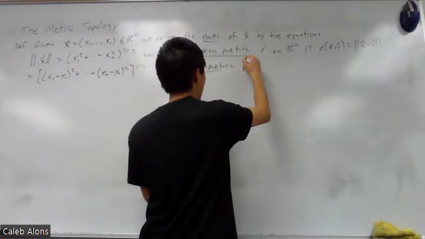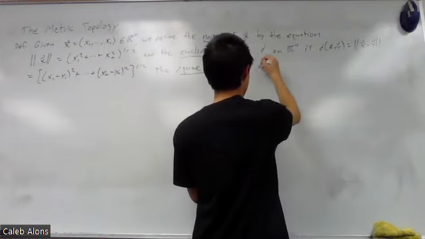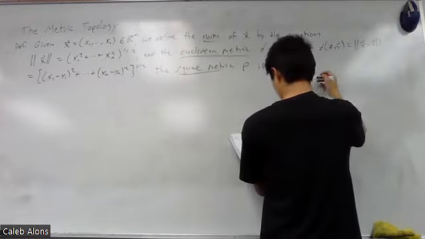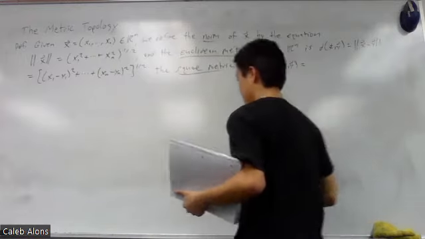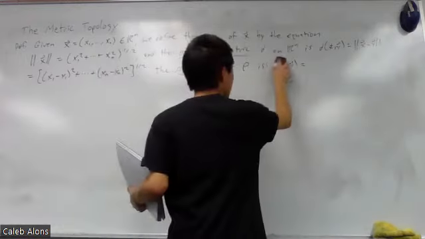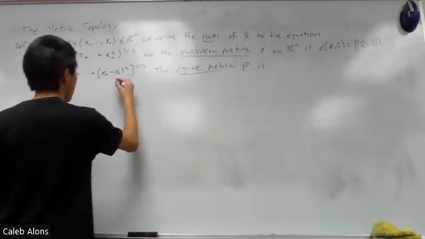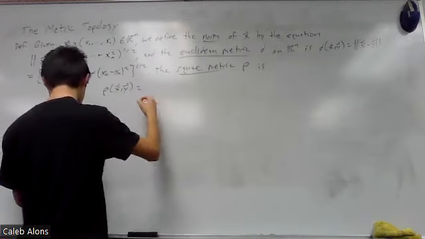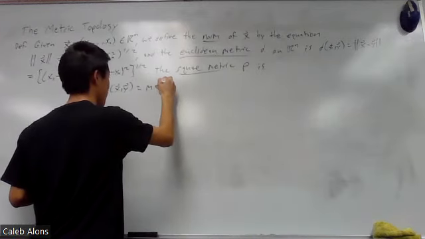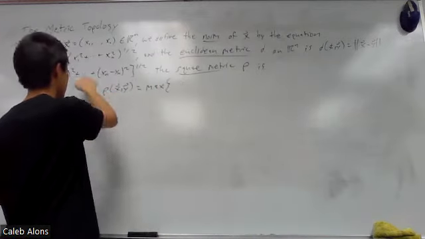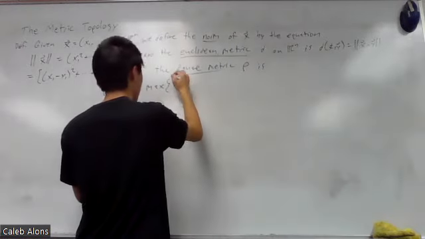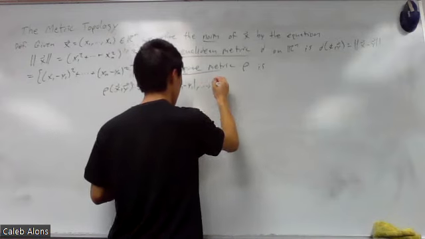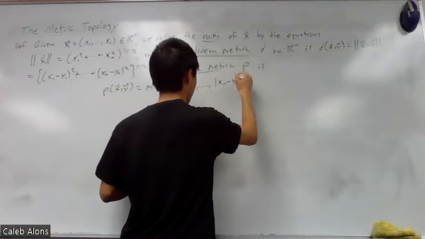The square metric given by rho is, rho of x, y, actually I'm going to do this on a different line. So rho of x, y is going to take the maximum of the individual distances: |x1 minus y1| through |xn minus yn|.